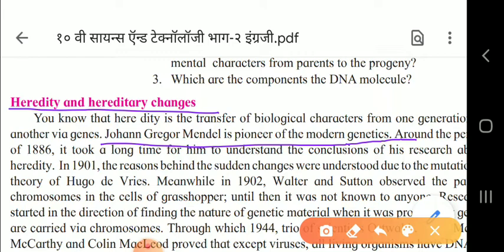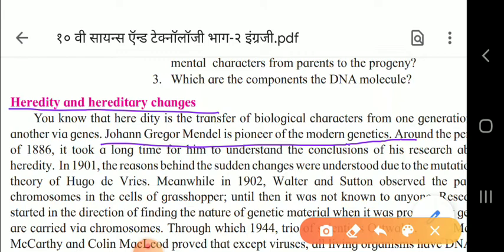Meanwhile, in 1902, Walter Sutton observed the pair of chromosomes in the cells of the grasshopper. Until then, it was not known to anyone that in the grasshopper there are pairs of chromosomes.